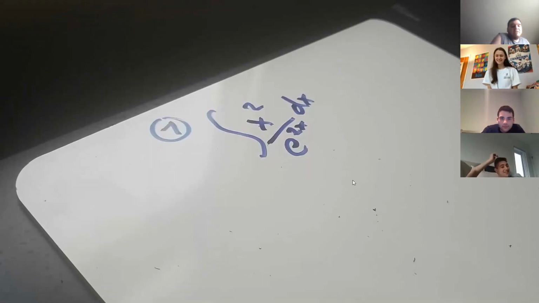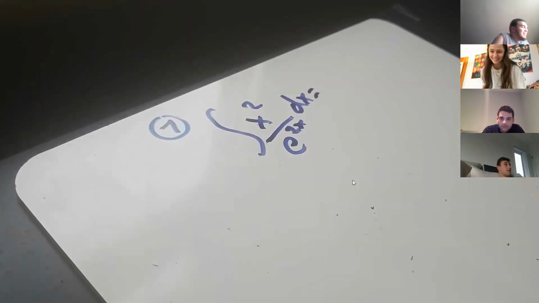So 7x squared over e. Everybody else who didn't come on the Zoom is missing out. So x squared equals x over e to the 2x.